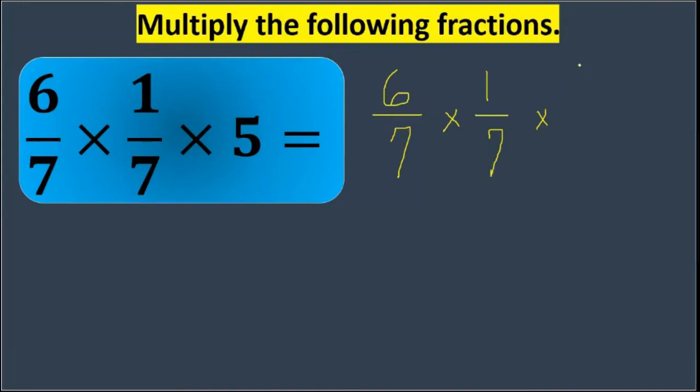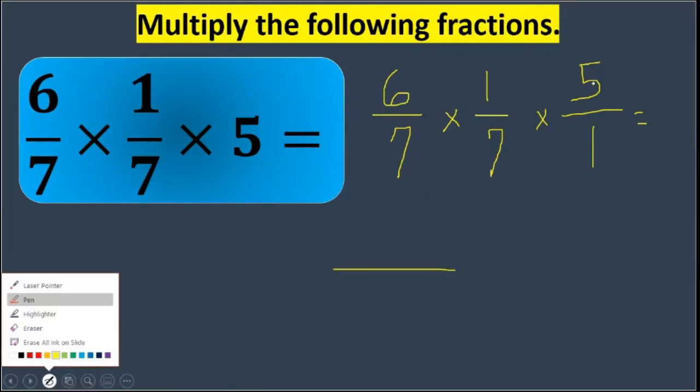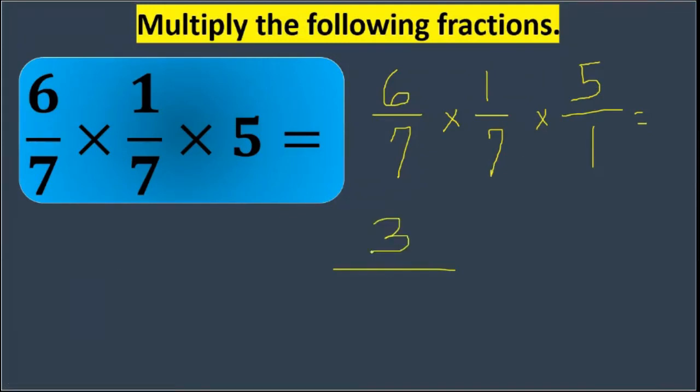The answer is 1. Just remember, in multiplication, multiply all the numerators, and then multiply all the denominators. That's the teacher's style. So, multiply all the numerators. 6 times 5 is 30. And then the denominators give 49.